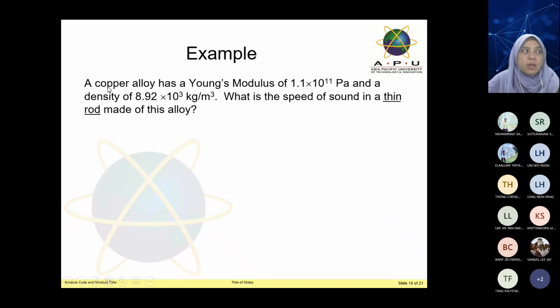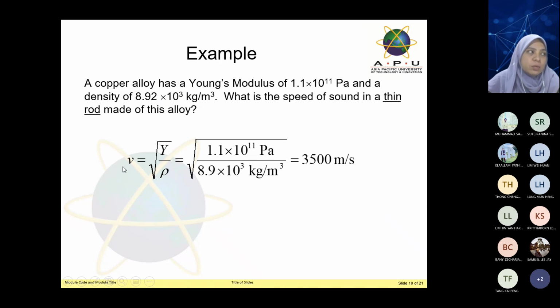From the table there is aluminium, copper and other metals. So you must be alert which alloy they are using. Okay, so here copper, the rho or density is 8.92.